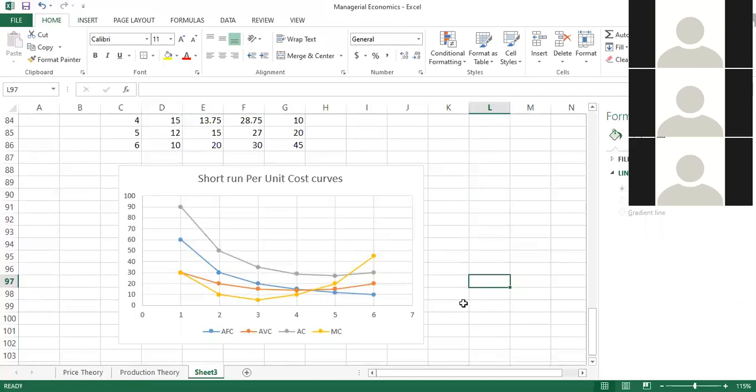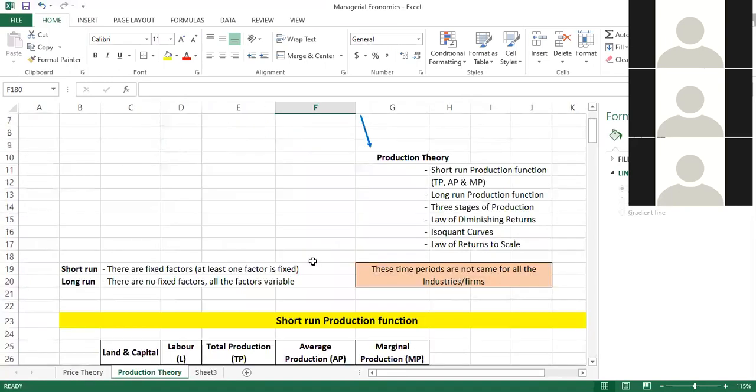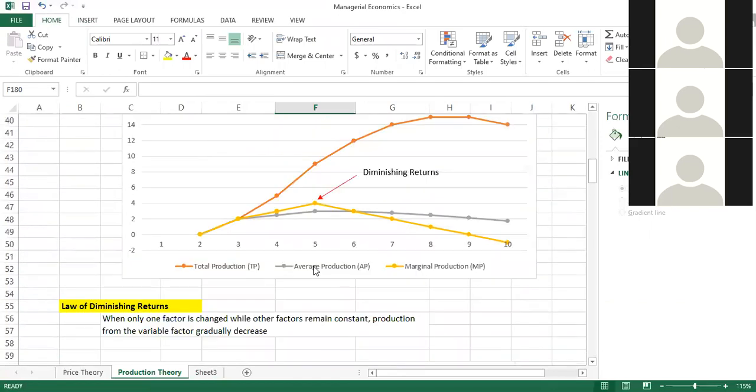If you carefully observe these per unit cost curves, one very important relationship you can identify. Under the production theory, you may remember we discussed some important relationships between production curves.